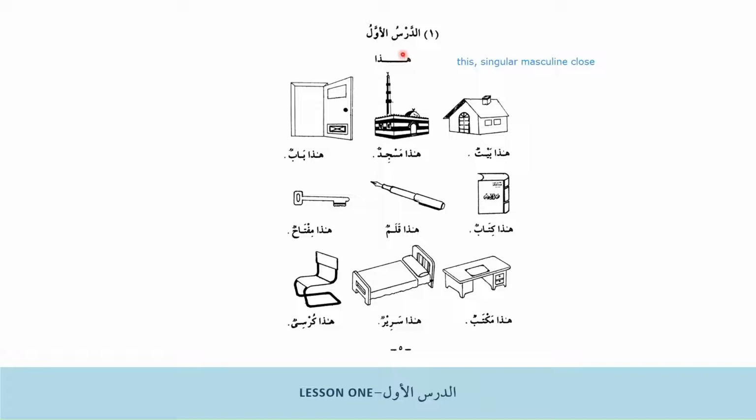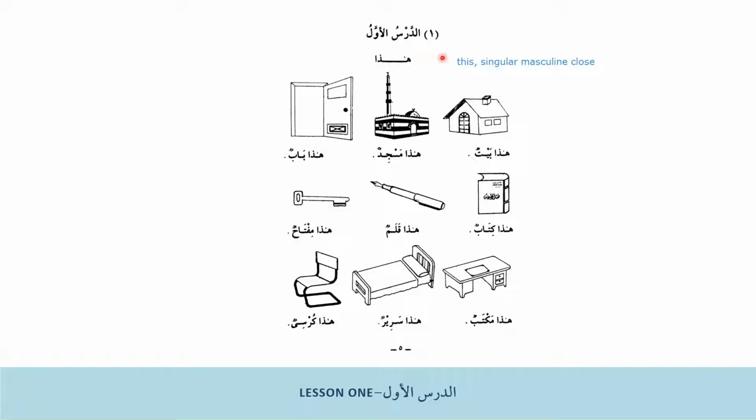So if something is close to you and you want to point at it, you will use the word هذا. For example, let's say we know the word is Quran and we want to say this is a Quran, we will say هذا قرآن. So we're using the word هذا to point at the Quran, which is in close proximity.